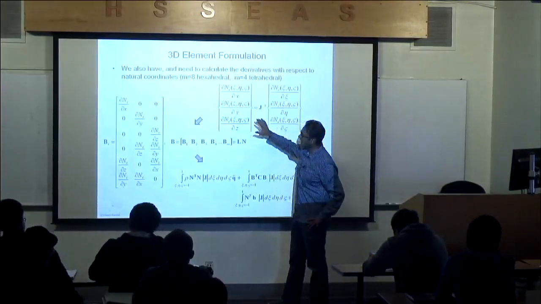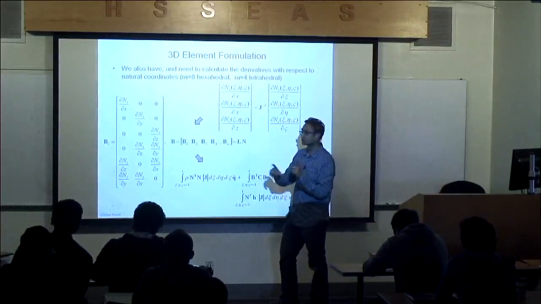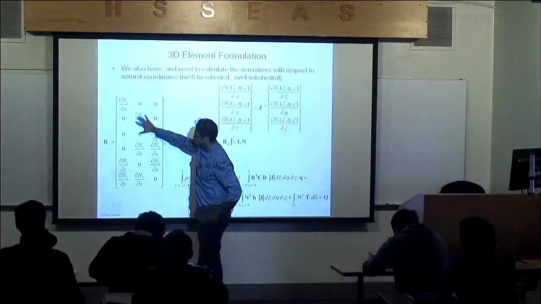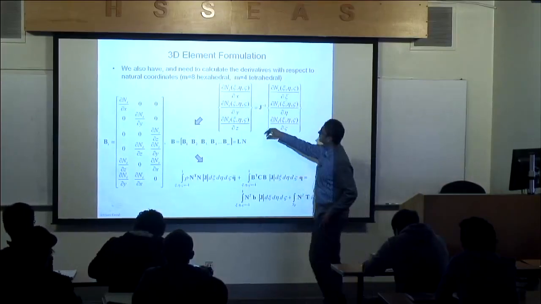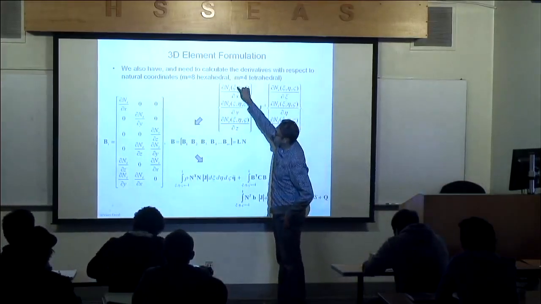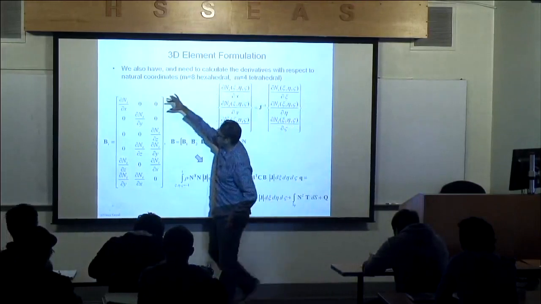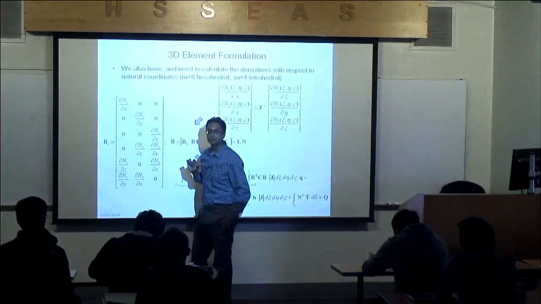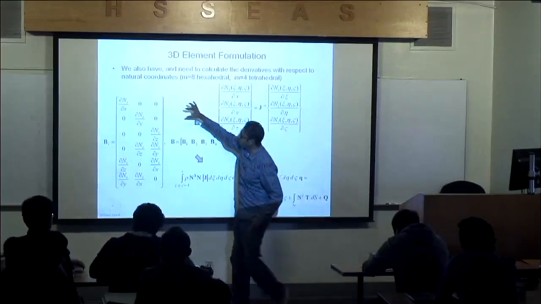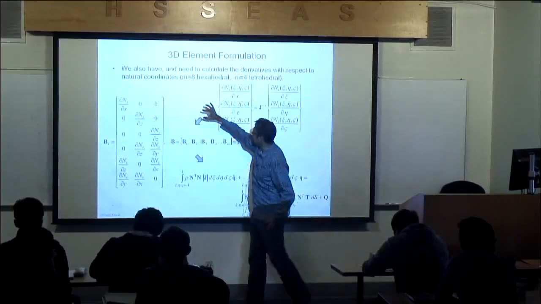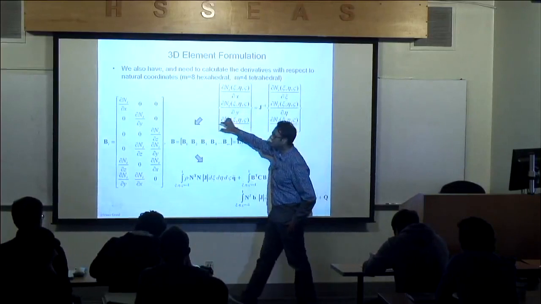Because if I calculate L times N, which we call B bold, it looks like this, okay? So once I calculate the derivative of Ni with respect to x, now I know this value. That value goes right here. Once I know the derivative of Ni with respect to y, that value goes right here. And then once I know the derivative of Ni with respect to z, that value goes right here.